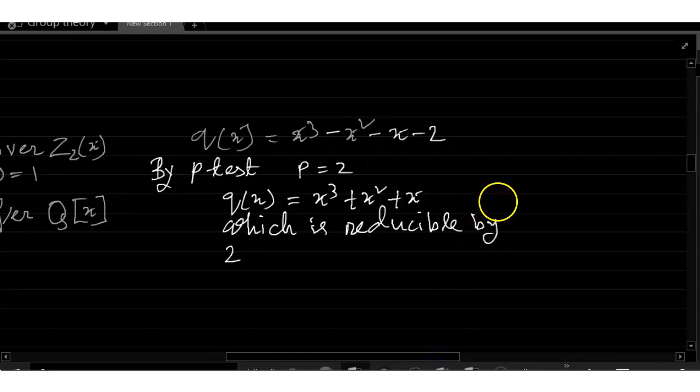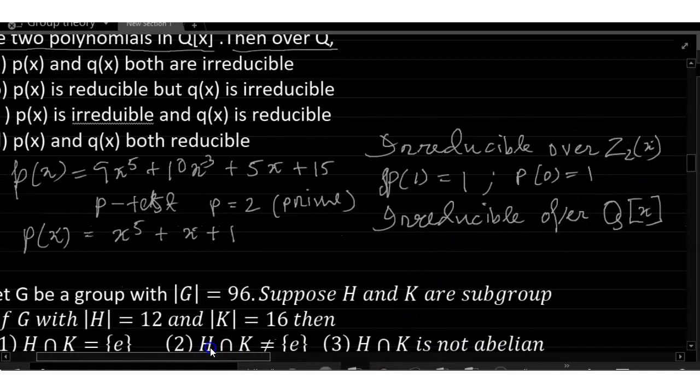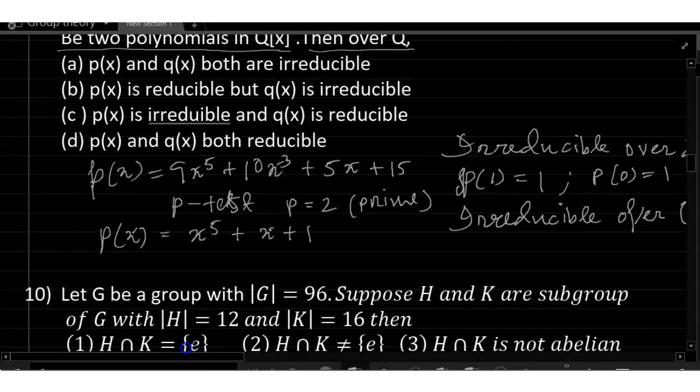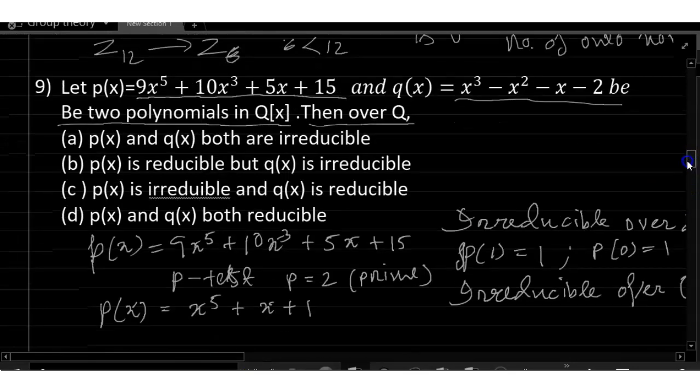So our option C, P(x) is irreducible but Q(x) is reducible, is correct, and all others are wrong.